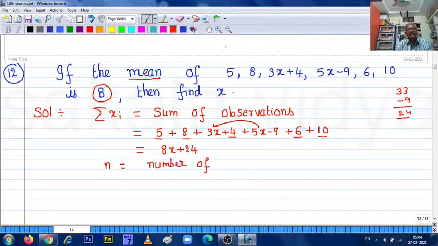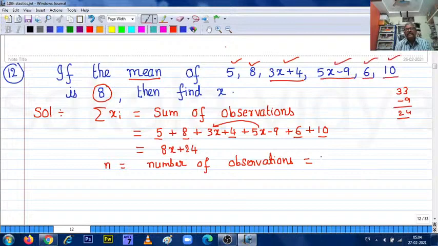Number of observations is here 1, 2, 3, 4, 5, 6. So 6.